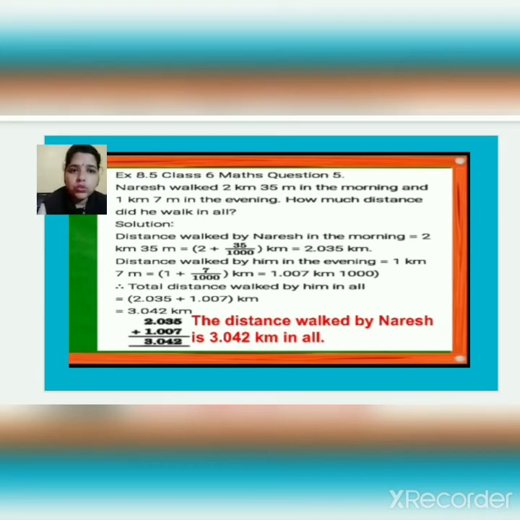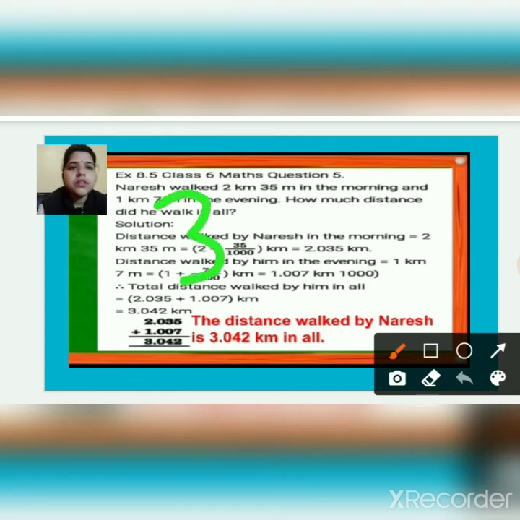How? We know the formula that 1 kilometer is equal to 1000 meter. So 35 meter will be converted into kilometer by dividing it by 1000. When 35 is divided by 1000, what will come?